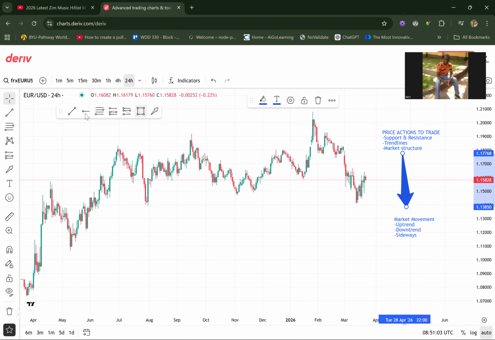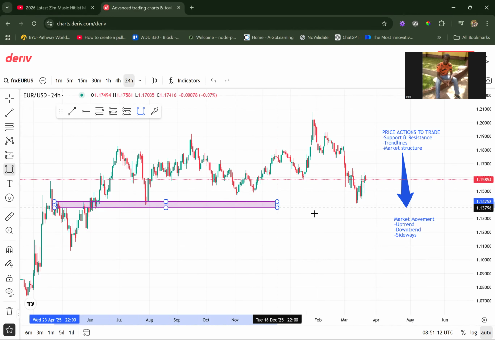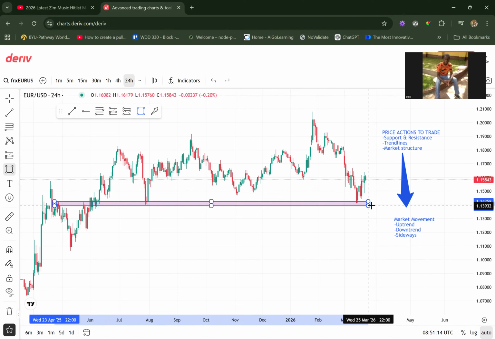You either draw a rectangle to mark it, so it becomes a zone for you.